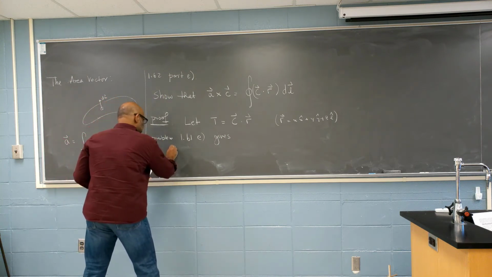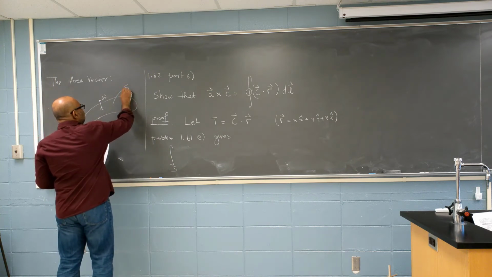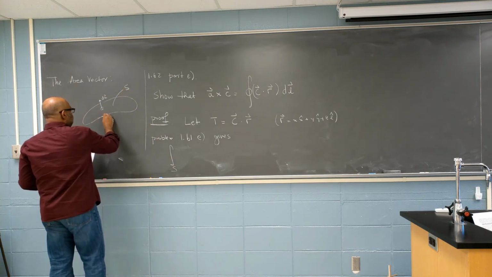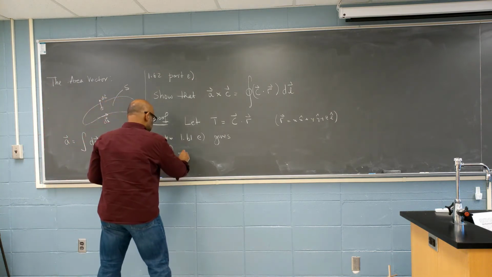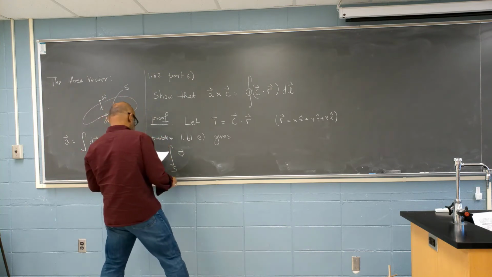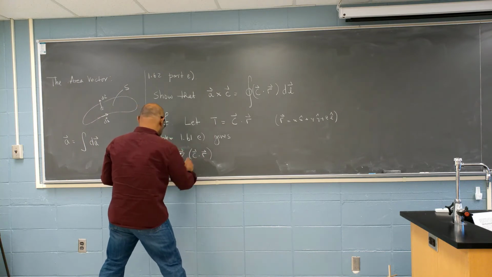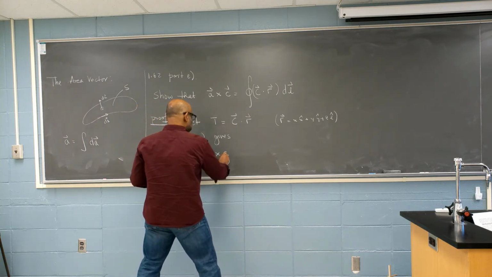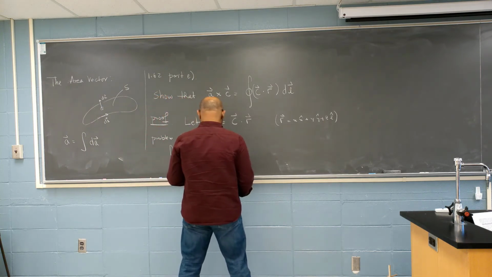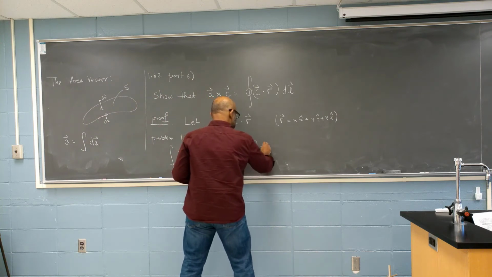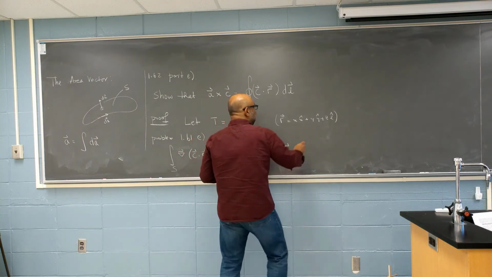It tells you that for the surface, this is my dL, the integral of the gradient of C dot R, cross dA, is equal to minus the integral of C dot R dL.